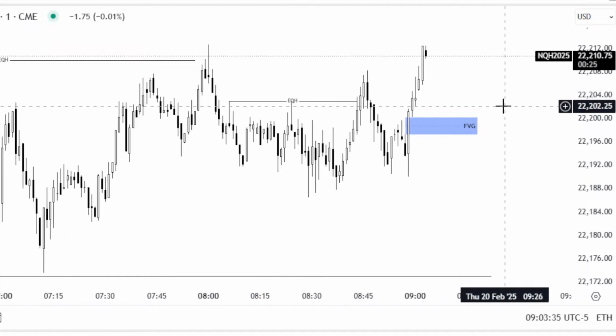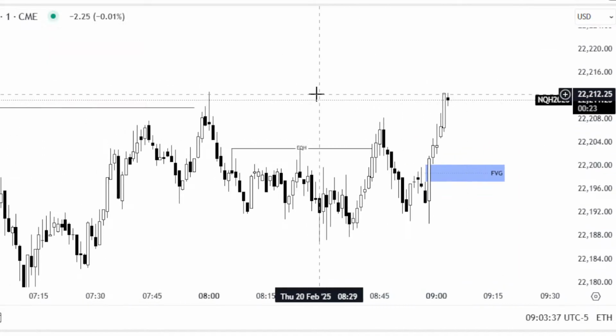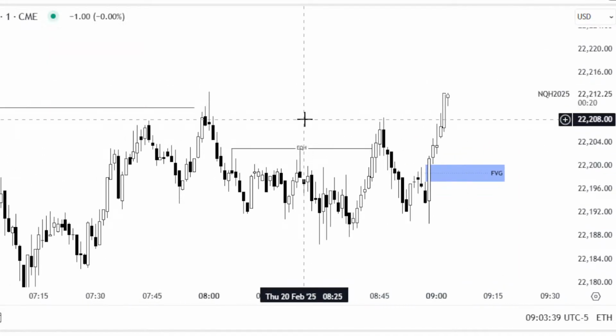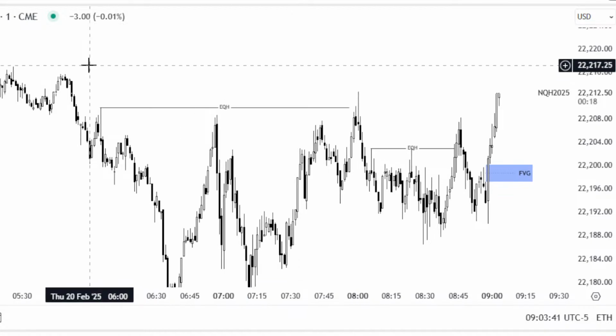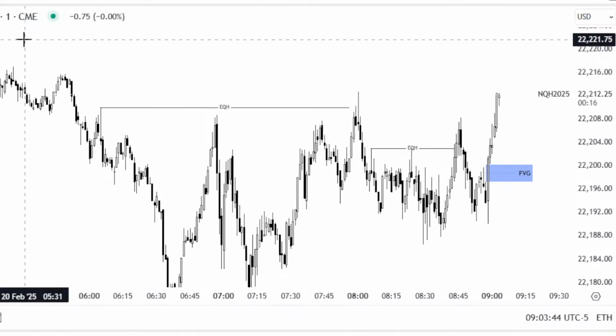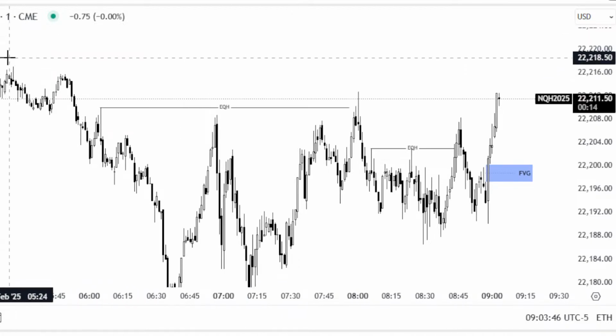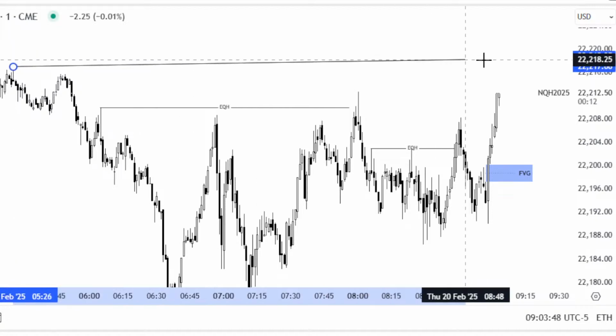Okay, so we might see price go higher because we're taking all this out, so maybe we want to go up here. I mean, let's mark it out.